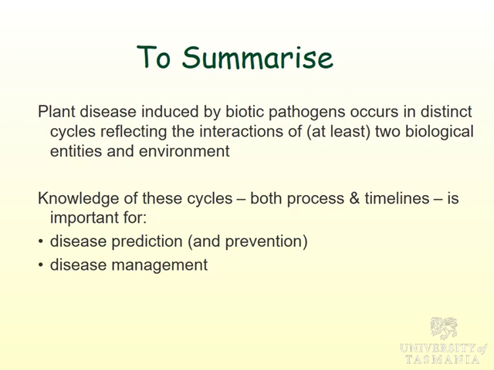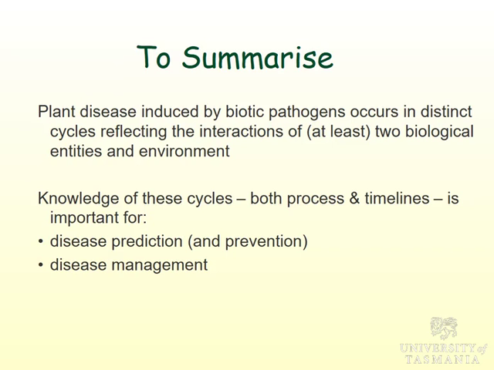So again, in terms of biotic pathogens, their interactions with plants tend to occur in distinct cycles, which reflects the time factors and the interactions of at least two biological entities, the host and the pathogen, and the environment over time. So the pathogen develops, produces spores, the plant's developing, you get inoculation, infection, that interaction occurs, disease expression, and away it goes.